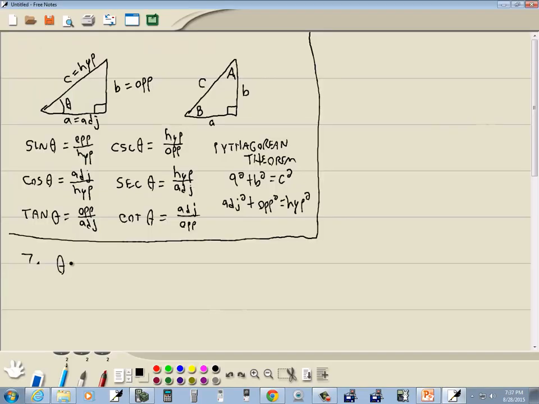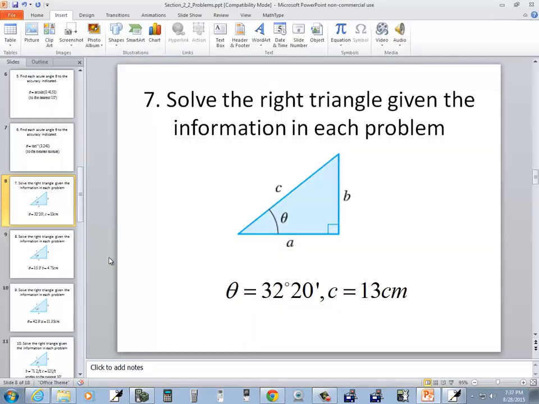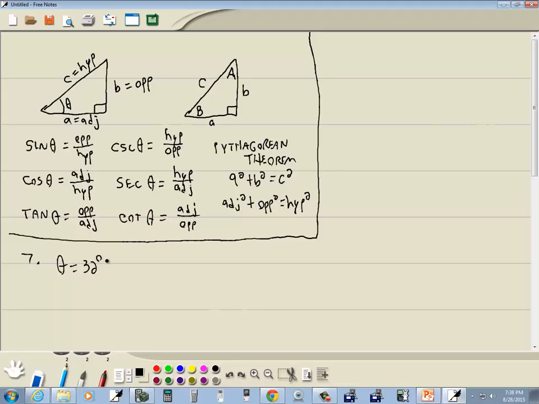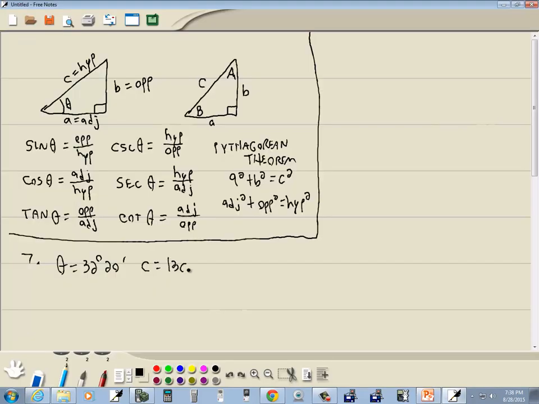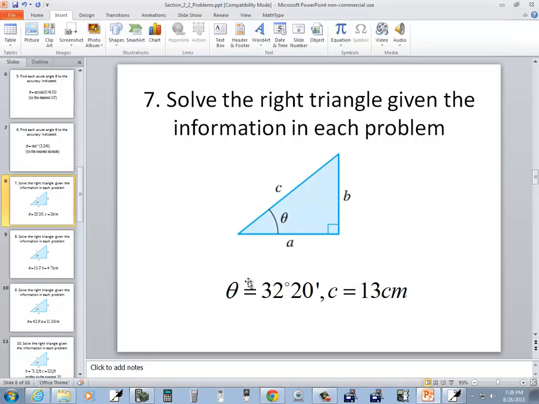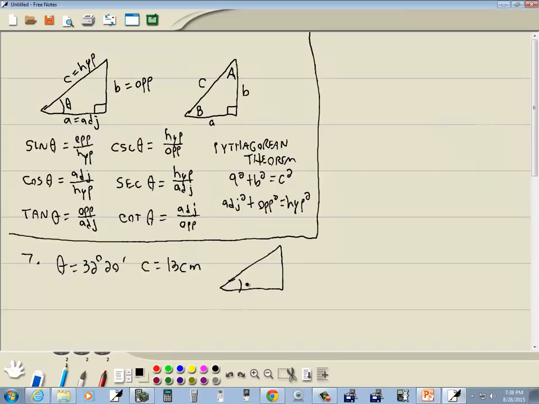They tell us theta is 32 degrees, 20 minutes, and C is equal to 13 centimeters. And let me draw my picture. They give you a picture, you might as well use it.